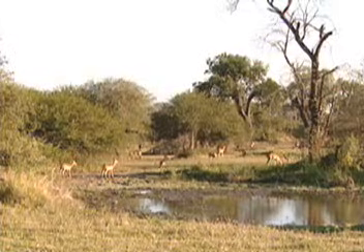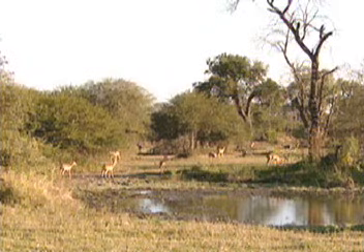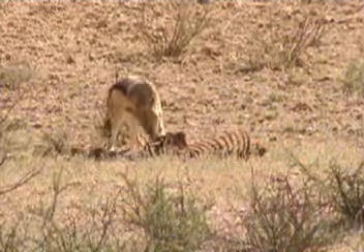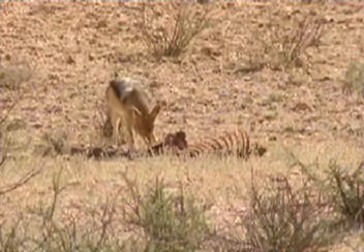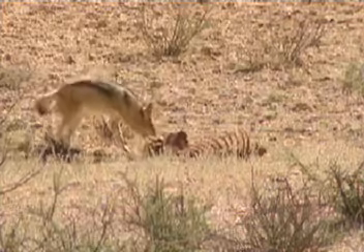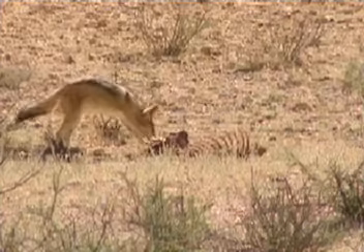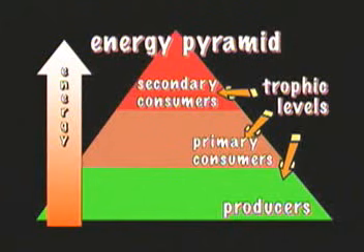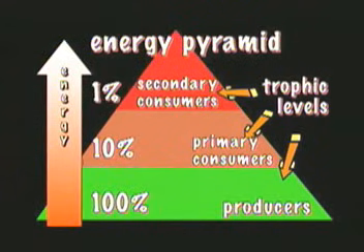When the energy is passed to the next trophic level, for example, from the herbivore that eats the plant to the carnivore that eats it, the energy that is retained again is reduced to 10%, and the rest is not available. At each trophic level, there is a decrease of about 90% of the energy available.